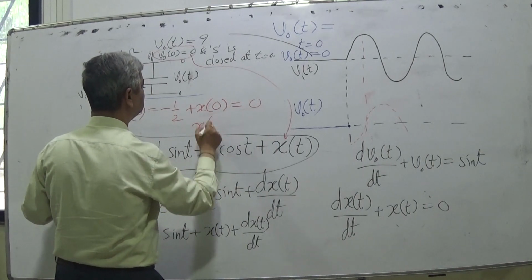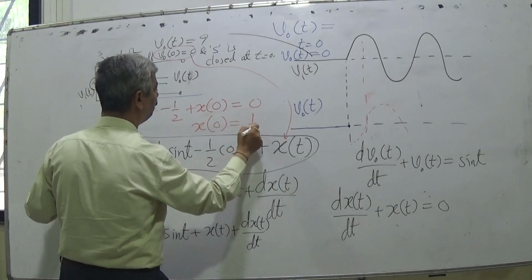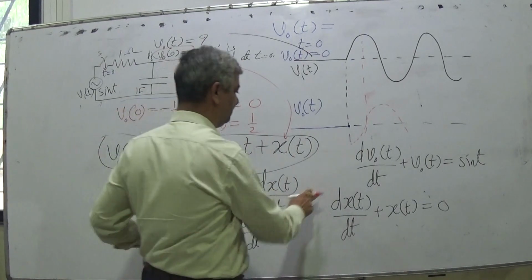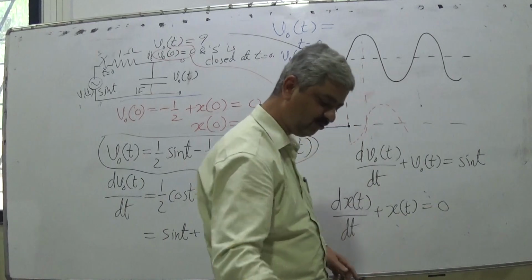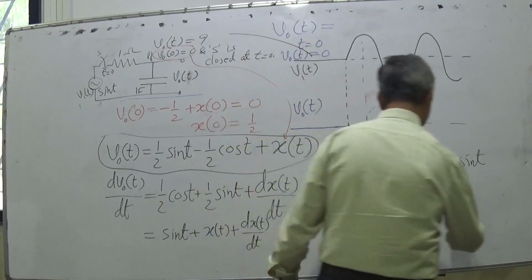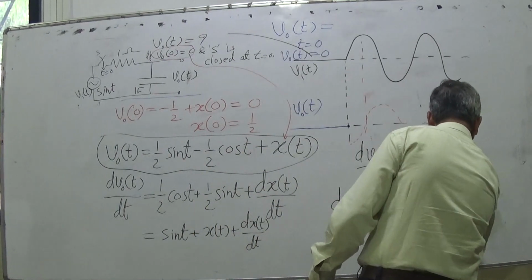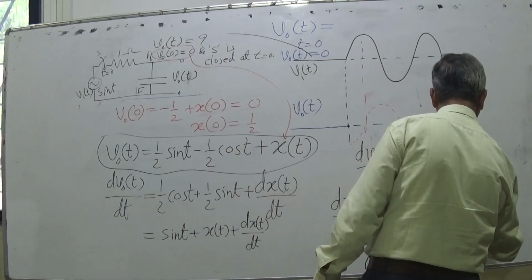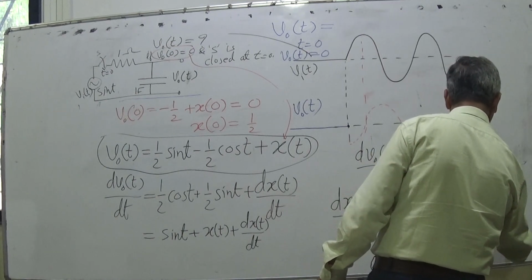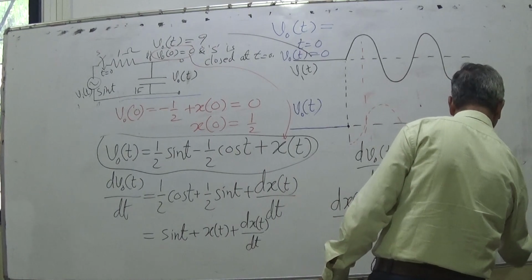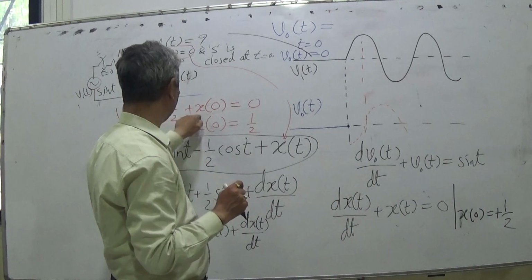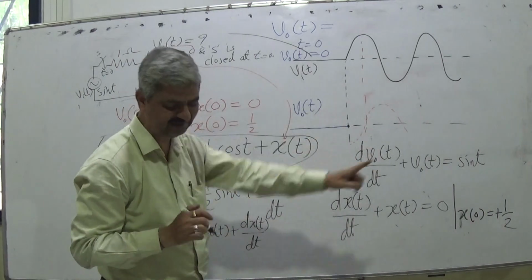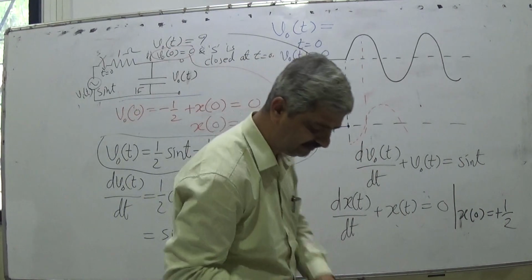So x(0) is half. At t equal to 0, x(0) is plus half, because minus half plus half should be 0.